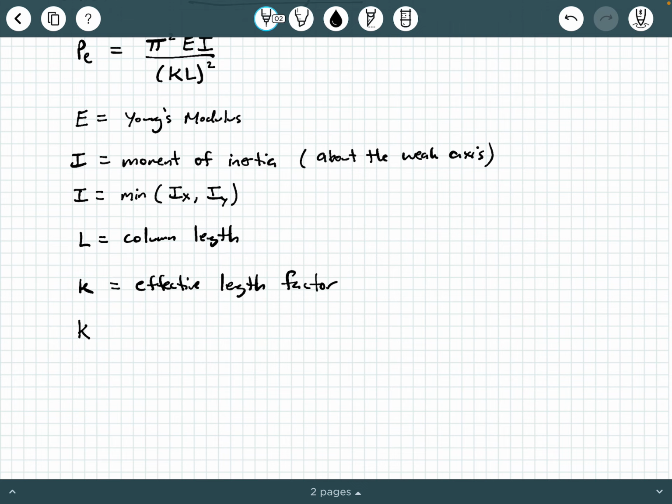Well, if you multiply KL together, like what shows up in this formula, KL collectively is called the effective length. Now, what K represents is basically the percentage or the portion of the length L that will buckle. That's kind of what it represents.